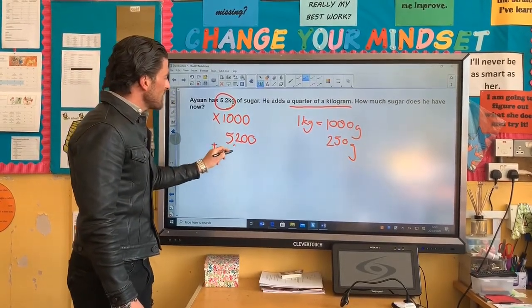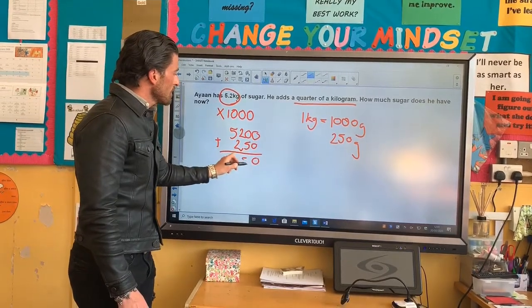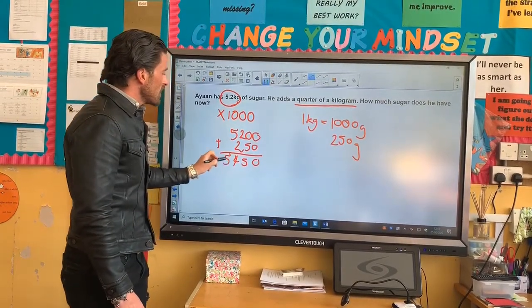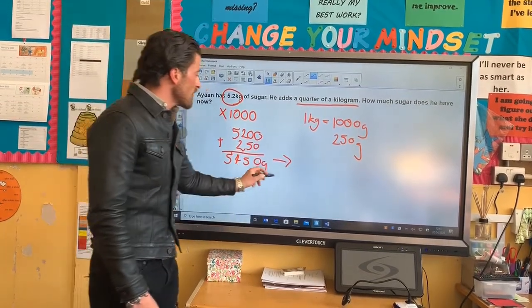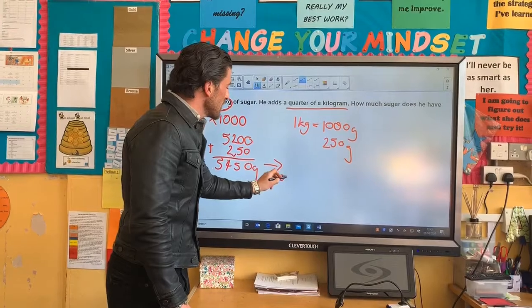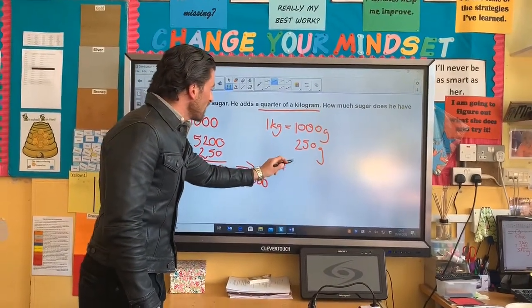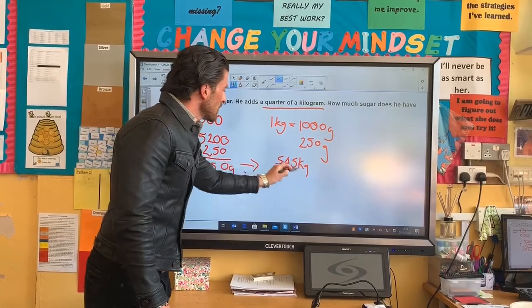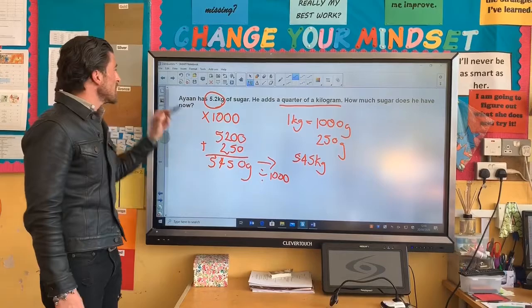Add the 250, which gives us 5,450 grams, or if we want to change it into kilograms, we're going to divide it now by 1,000 to give us 5.45 kilograms. Make sure you see that. Alright? Okay, so that's the first one done.